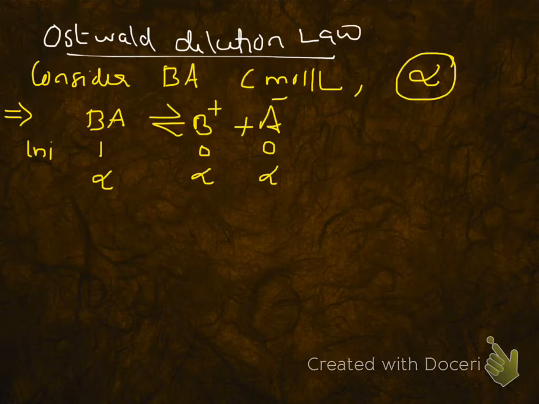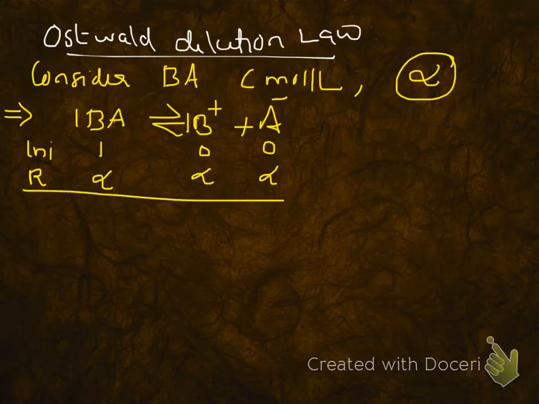Why is it so? The coefficients are 1, 1, 1. When 1 mole BA is dissociated, 1 mole B plus and 1 mole A minus is obtained. So, alpha mole BA dissociated means alpha moles of B plus and A minus are formed. This is the reacted number of moles.